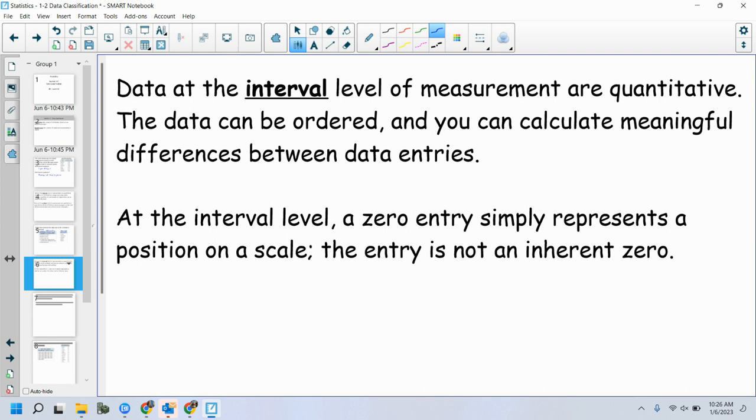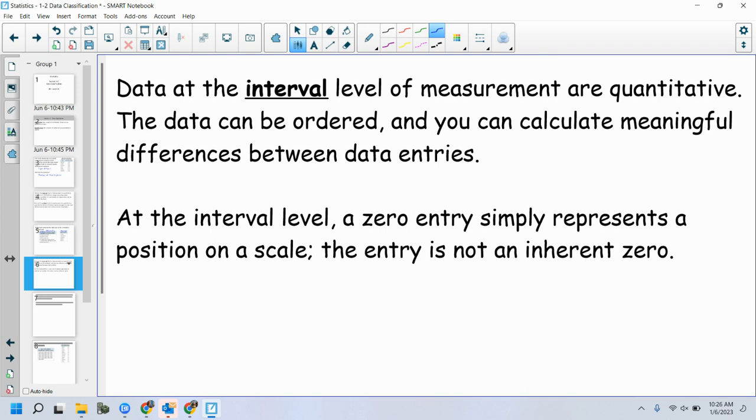Like if it's 70 degrees the first day and then it's 30 degrees the next day, I can tell something based on that. There is difference between the two. The data can be ordered and you can calculate meaningful differences between the data entries. It means something when you calculate the difference between the two.